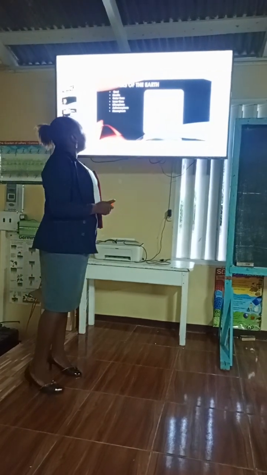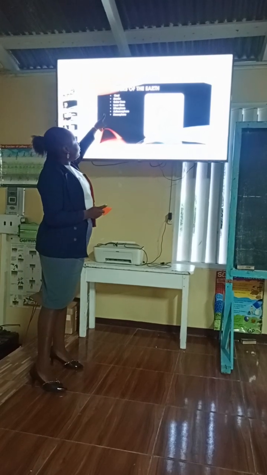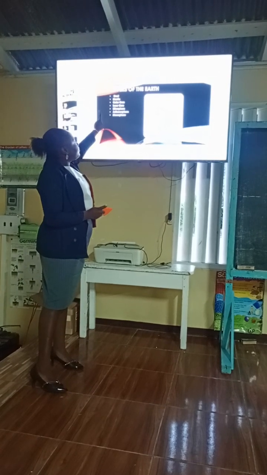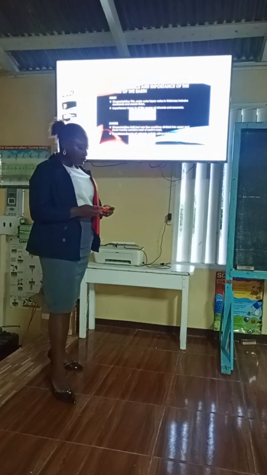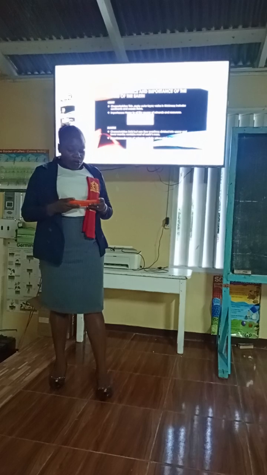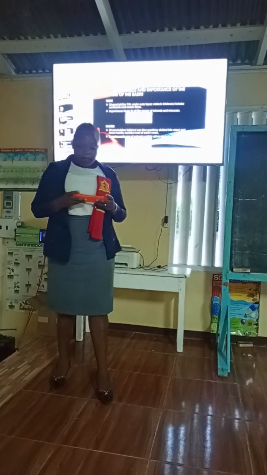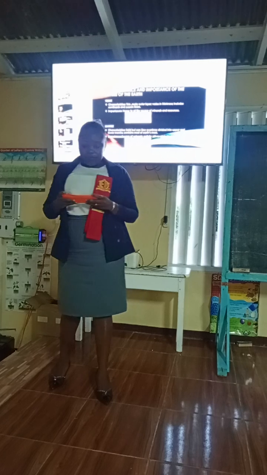Layers of the Earth. We have the crust, mantle, outer core, inner core, lithosphere, asthenosphere, mesosphere. The crust. This is the outermost layer of the Earth, varying in thickness from about 5 to 70 kilometers.